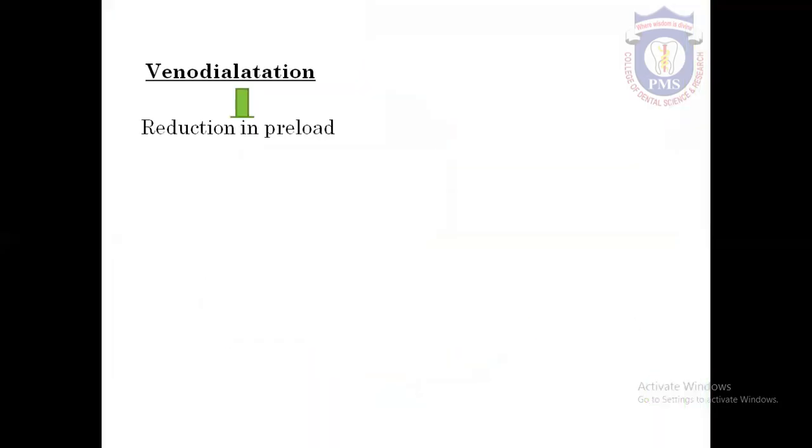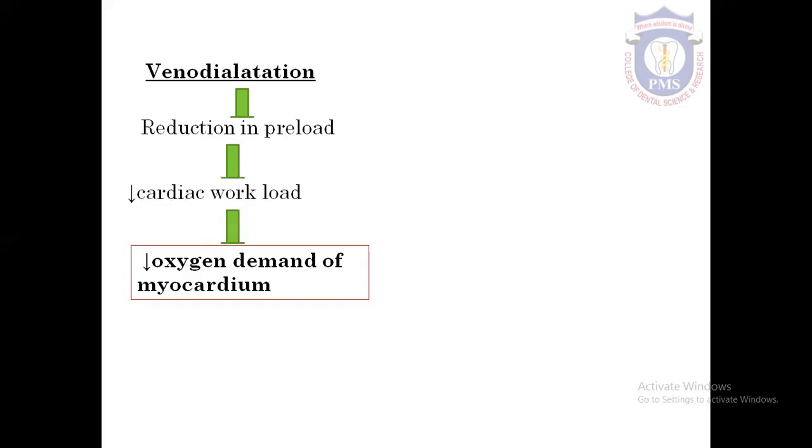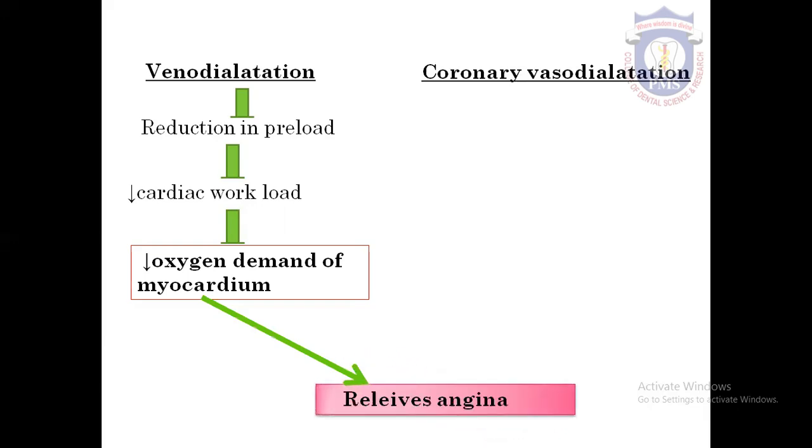As a result of venodilation, there is reduction in preload and reduced cardiac workload, and it will reduce the oxygen demand of the myocardium. It will cause relief from angina.